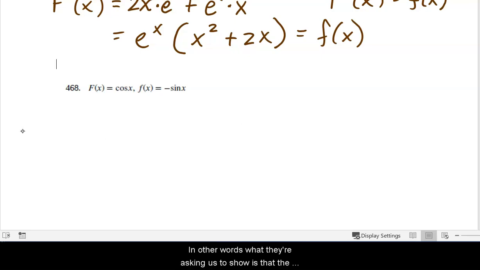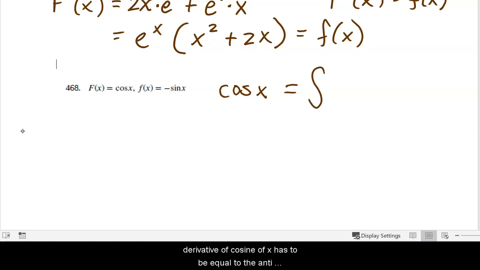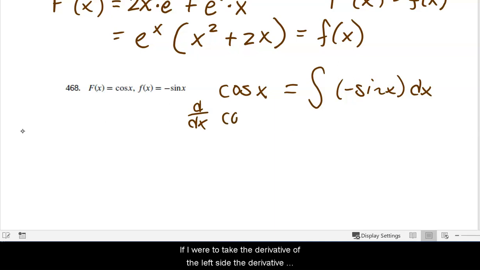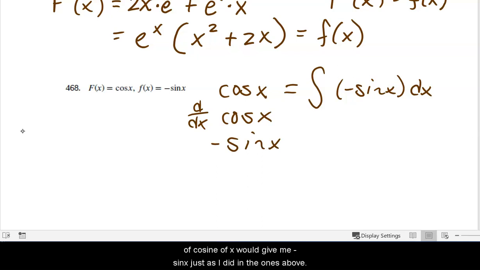In other words, what they're asking us to show is that the derivative of cosine of x has to be equal to the derivative of the integral of negative sine of x dx. In order to prove that, I take the derivative of both sides. If I were to take the derivative of the left side, the derivative of cosine of x would give me minus sine x, just as I did in the ones above.